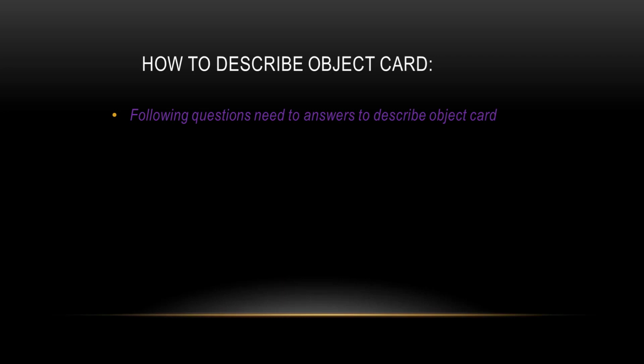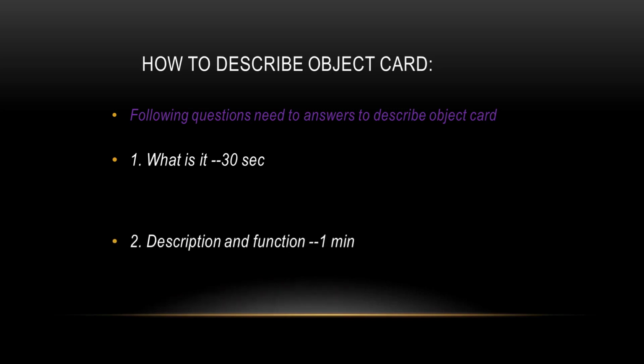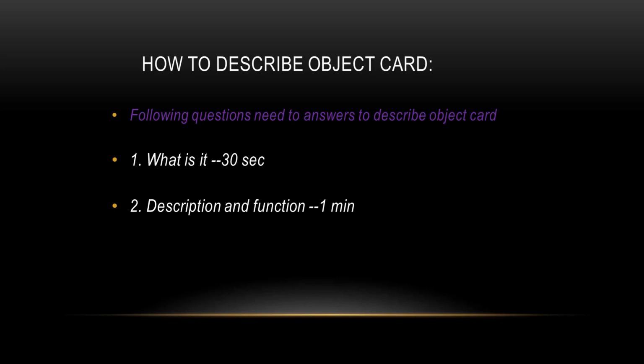So this type of question you will answer. What is it? You will take about 30 seconds to describe what it is. You will give a definition, the activities of it, and a detailed description of this object: what it is, its description and function. Describe the object and its function, what type of activities you can perform with it.